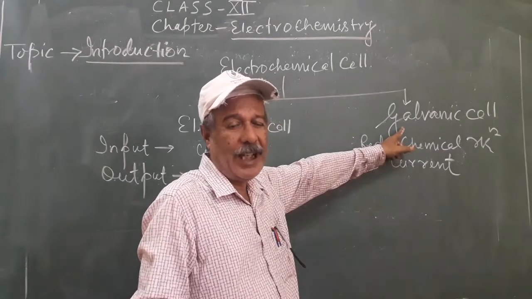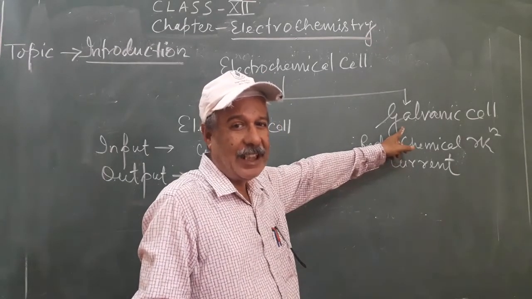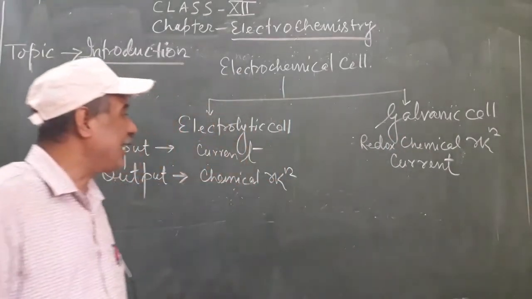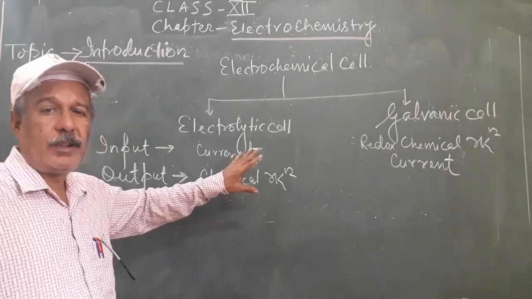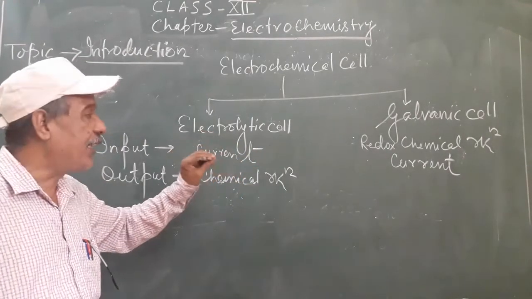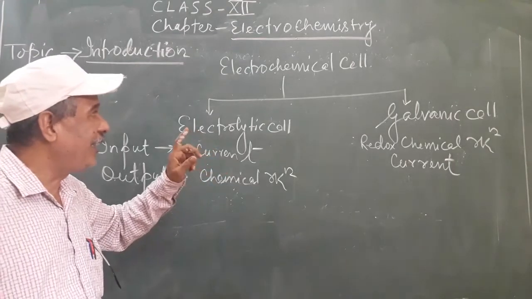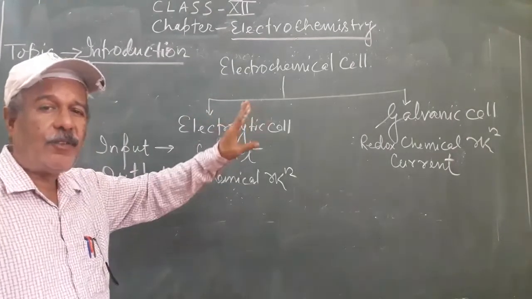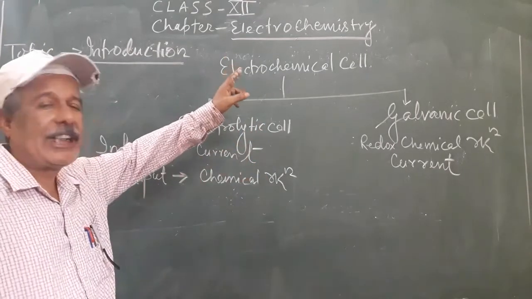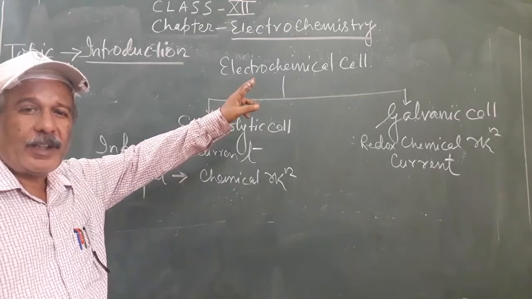Correct? So this is about the working place of all the things which are present in electrochemical cell for our discussion under the heading chapter electrochemistry.